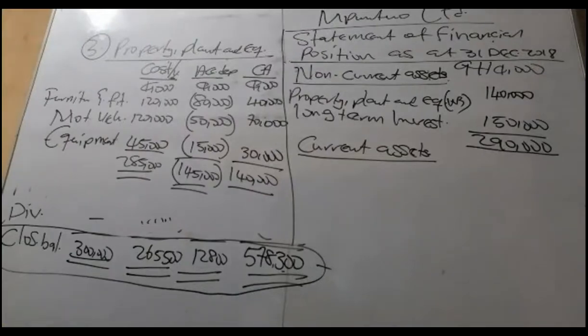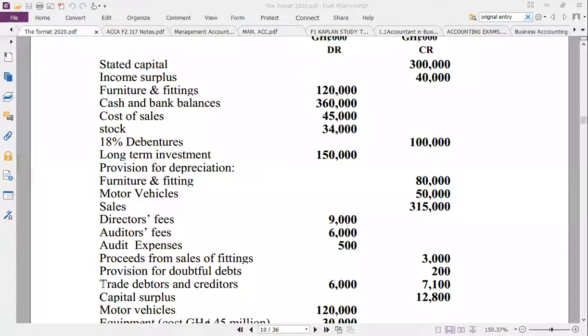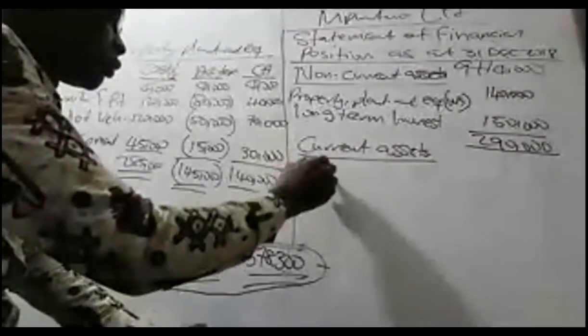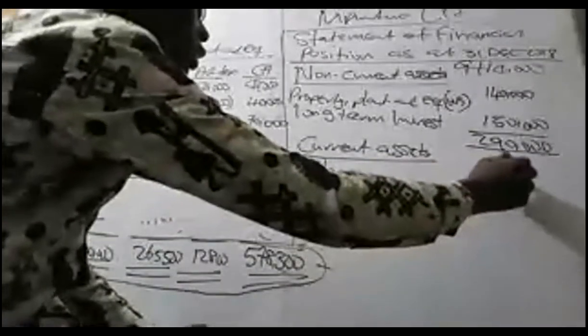Just like this question, the examiner calls it what? Stock. So you have to also write what? Stock. Stock is here. 34,000. Good. So stock, I'll give it 34,000.